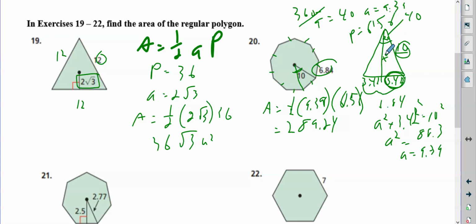So for example, if we were going to use the opposite side and we're trying to find the nearest side, tangent of 20 equals opposite over the unknown. Switch those, and the apothem would be 3.42 divided by the tangent of 20.